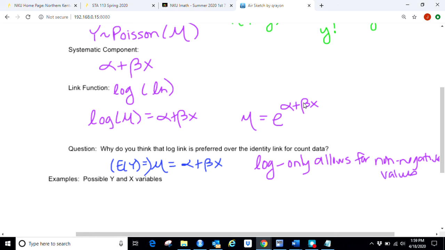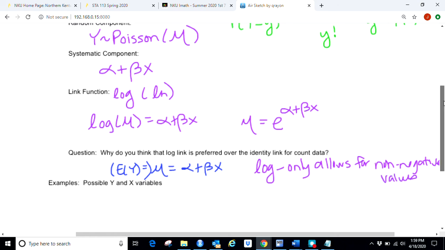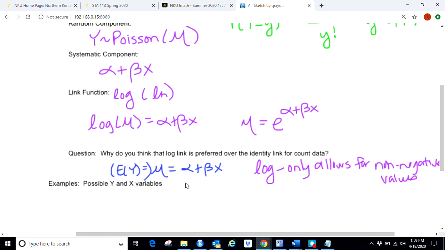This one would allow for negative numbers to happen, and this one will ensure that we never get a negative number.